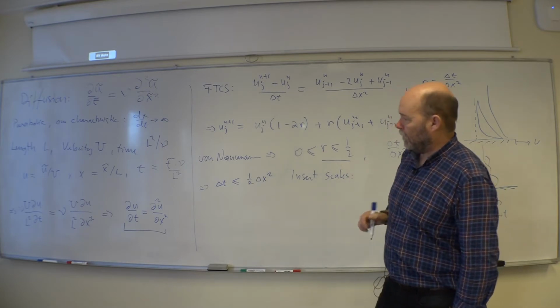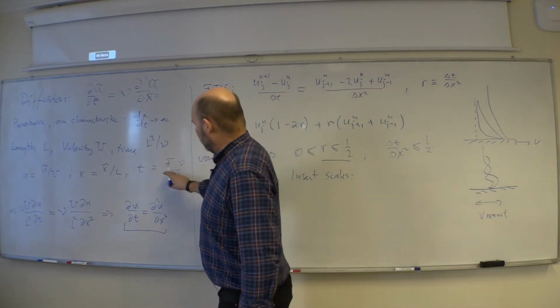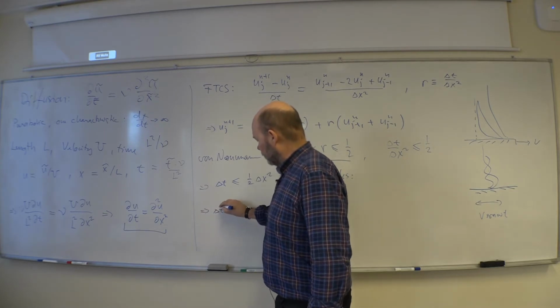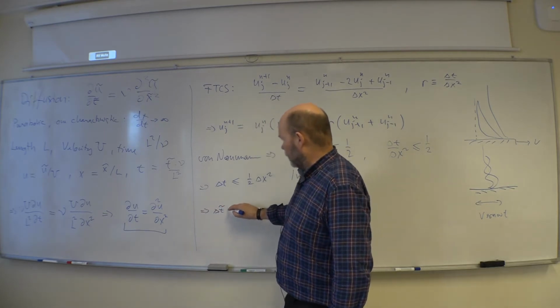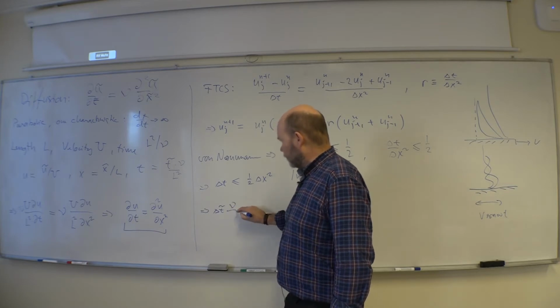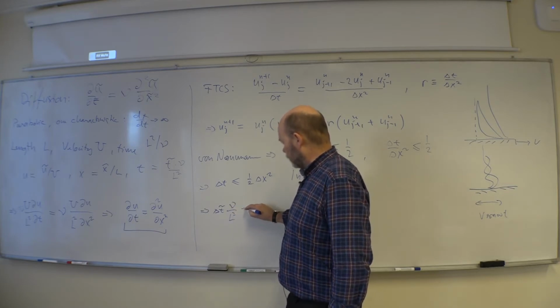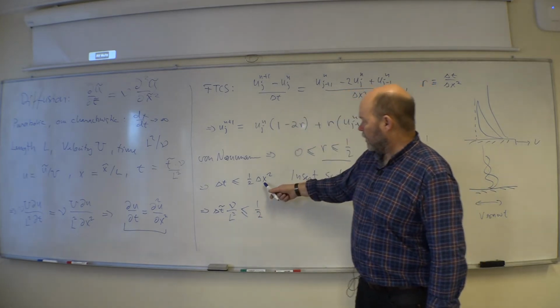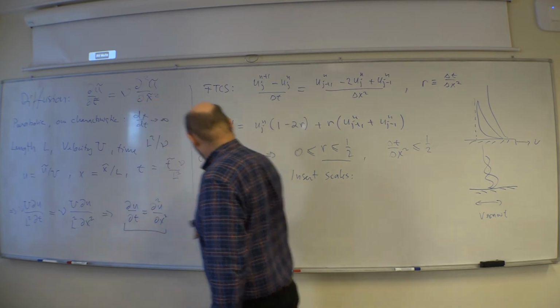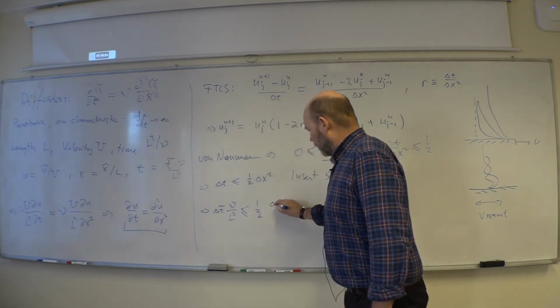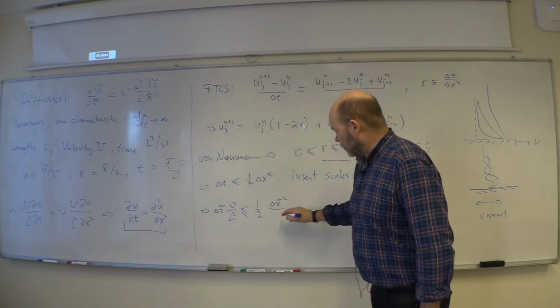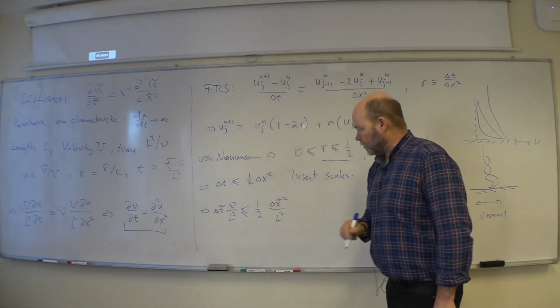What do you get? Delta T, so delta T in seconds. We then have to multiply with viscosity, and we have length square, smaller or equal 1/2. And then insert for delta X. Delta X square must then also be an L square there.